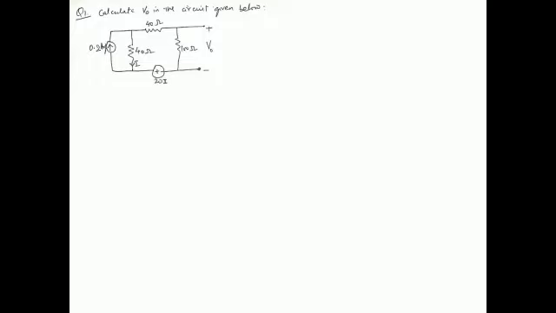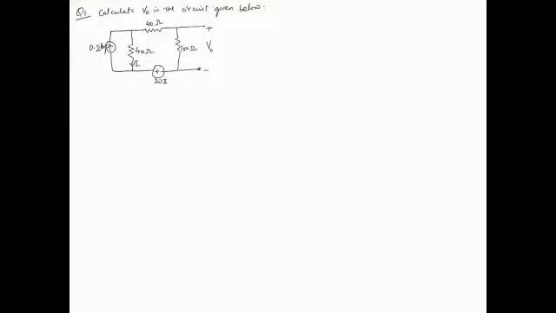In the circuit there is one current source of 0.2 amperes, one voltage source of value 20 times I, and three resistors, two of 40 ohms and one of 100 ohms, and V naught is simply the potential drop across the 100 ohm resistor.